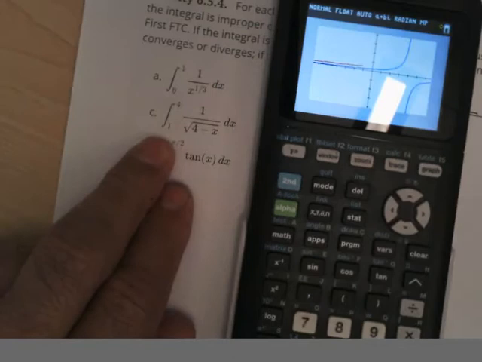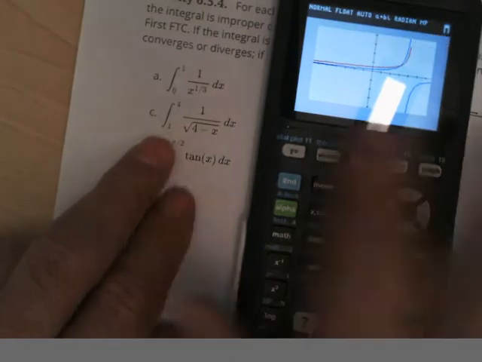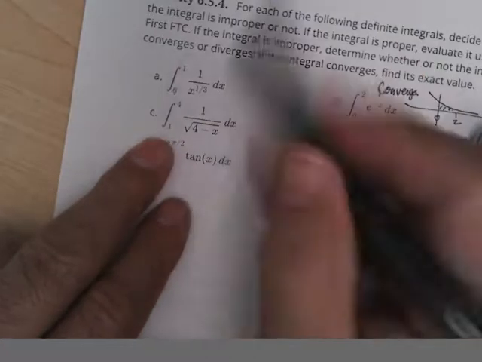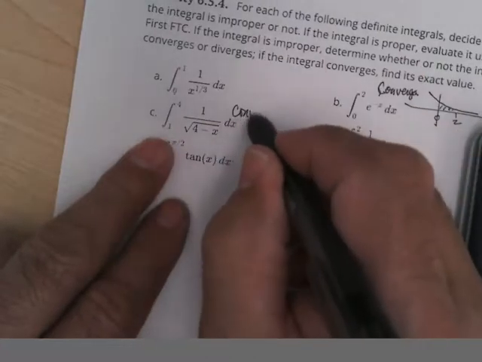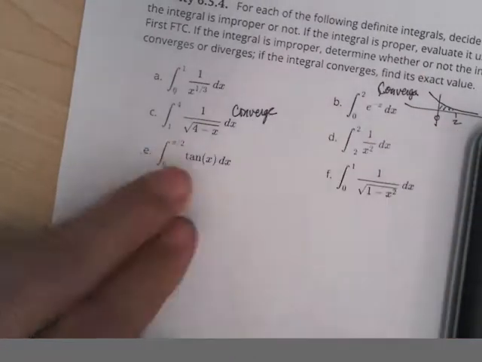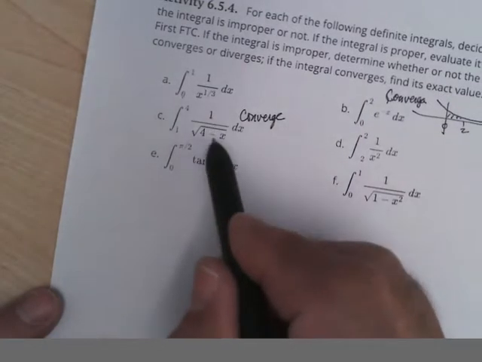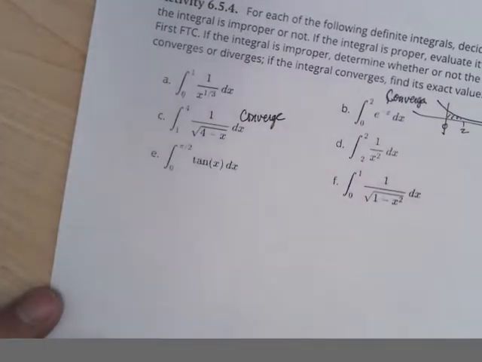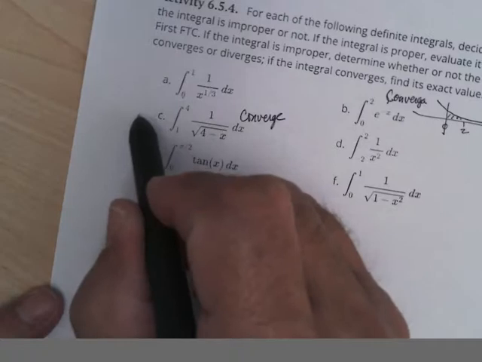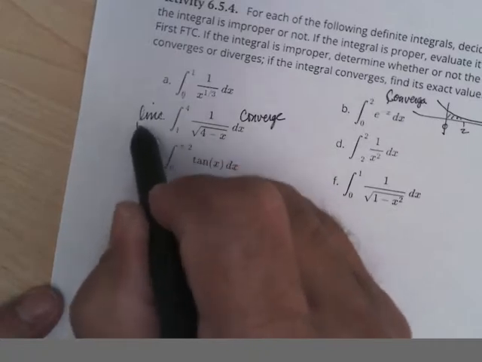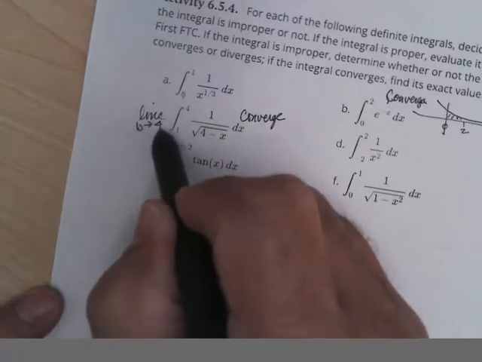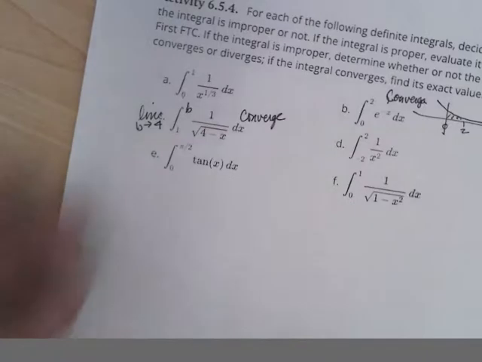So there's this one, and there's that one, and it looks like it's closer to the 4, so this one will converge. But you can go through the math and do that one. It's just this to the minus 1, and you do a u sub for what's inside. You would do a limit on this one as b goes towards 4, and put a b there and work it out.